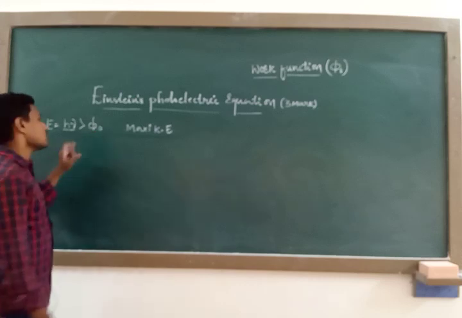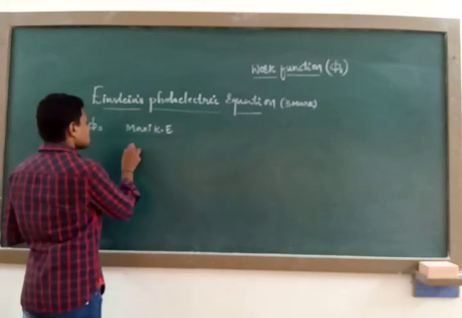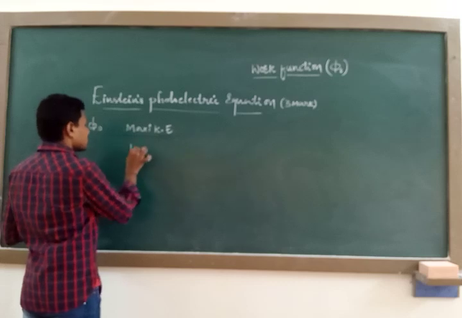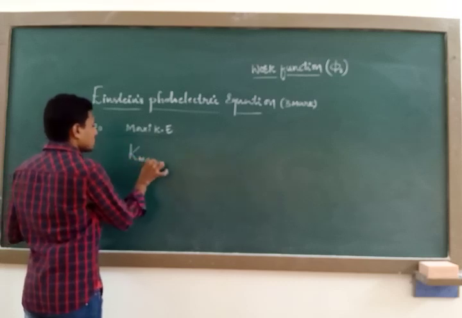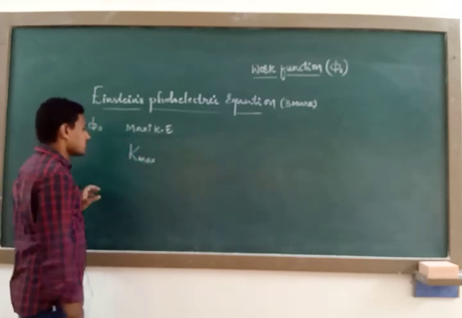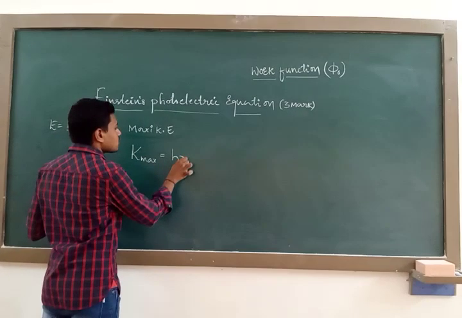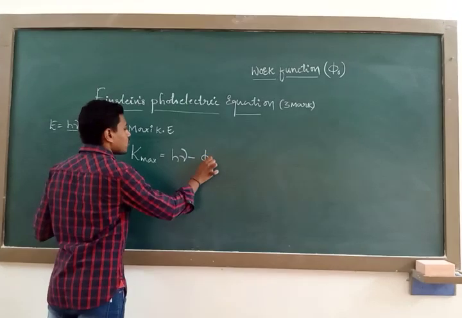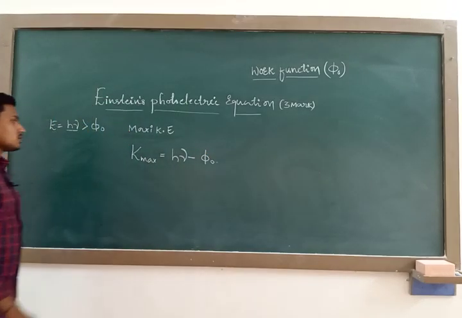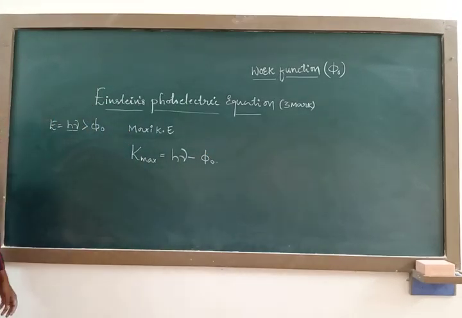Then Kmax, the maximum kinetic energy of the electrons being ejected, is equal to h nu minus phi naught.